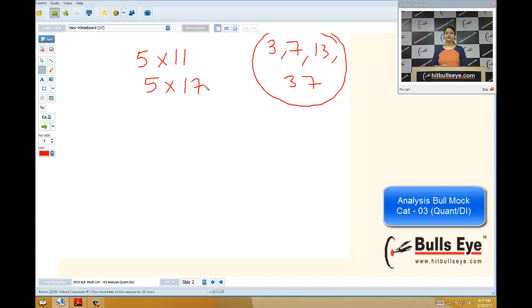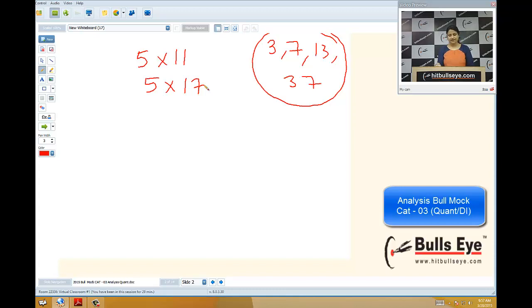If I take 5 into 23, it will be a 3-digit number. What was my requirement? It was a 2-digit number when broken into 2 parts. Those 2 parts should be prime always. That's why we are left with these many cases.